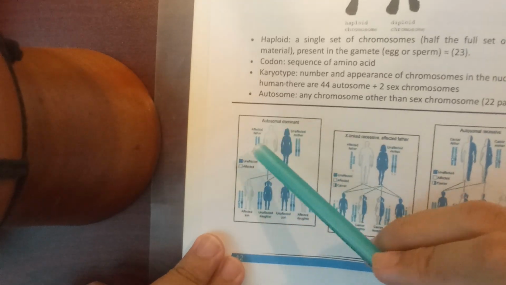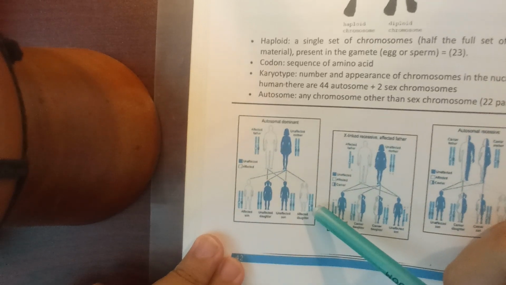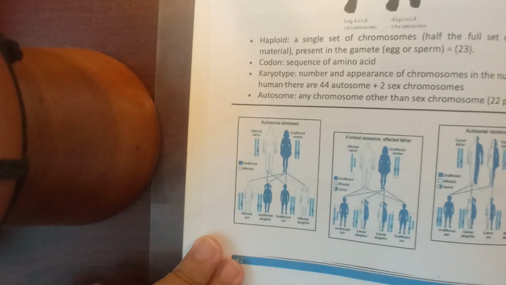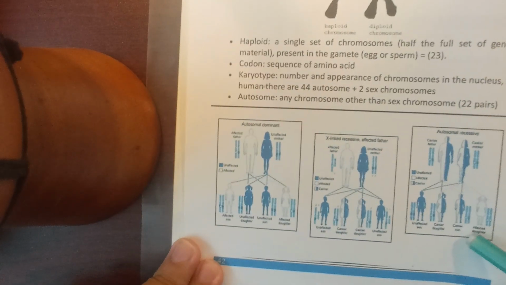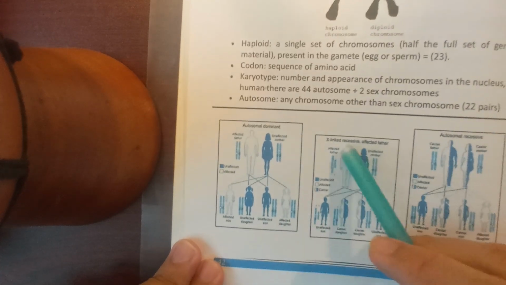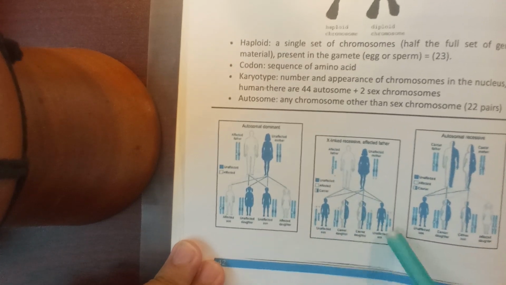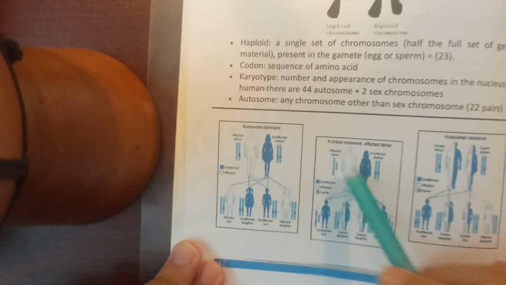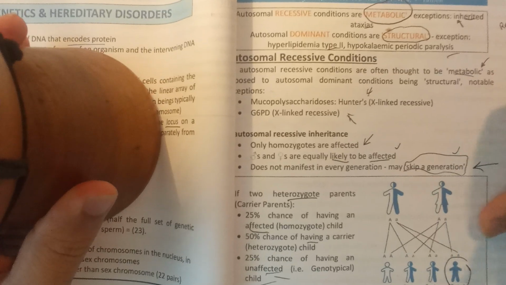So with an affected father, there's a 50% chance of the kids having the gene for autosomal dominant, 25% for autosomal recessive in case both parents are carriers. And for X-linked recessive, out of 4 children, 2 will be carriers if one is affected. We'll get to that very soon, but remember this very well.